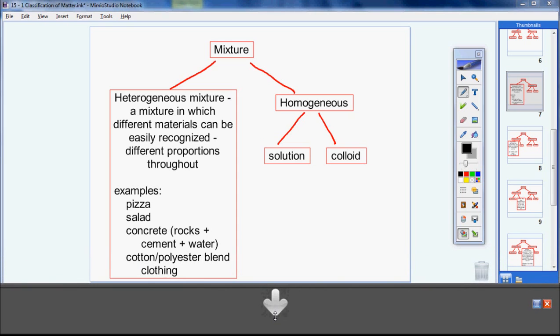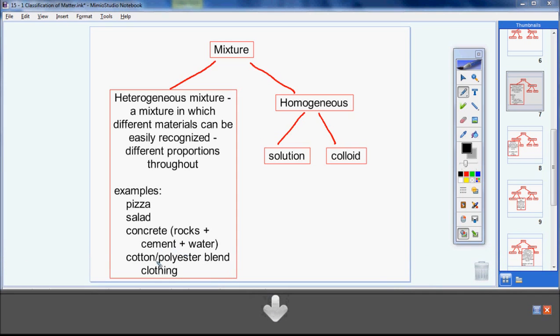One that's a little bit harder to see the different parts and fibers is clothing. A lot of us wear clothes that are mixtures of different types of threads, different types of cloths. Cotton and polyester frequently are mixed together on clothing.